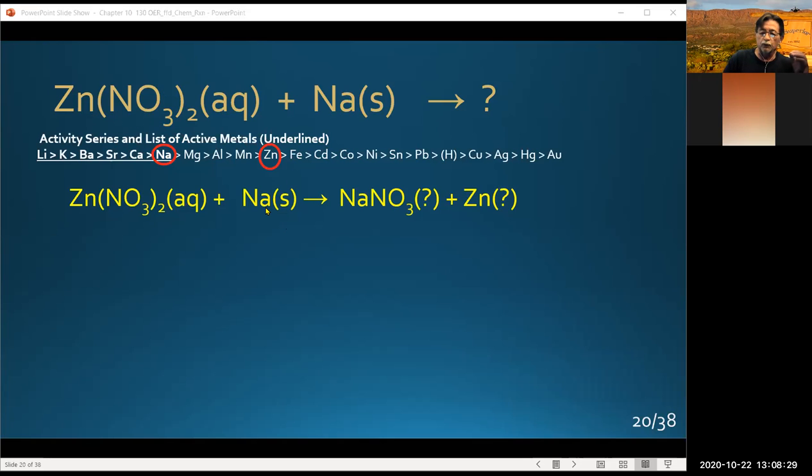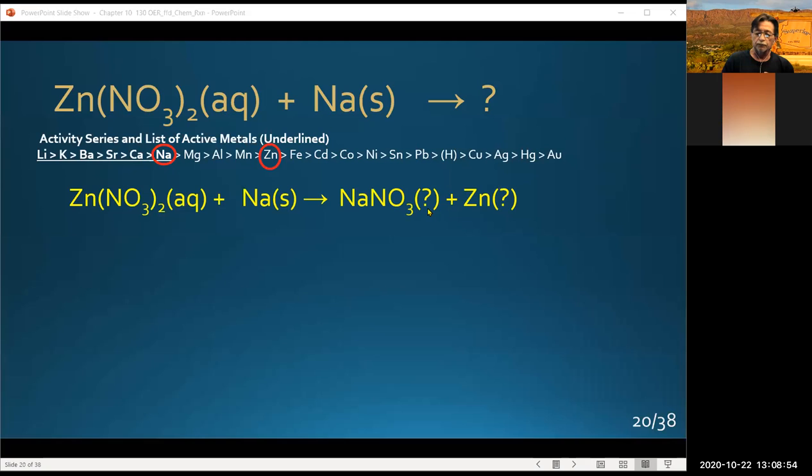But we know when sodium becomes ionic, it becomes sodium plus. So before we put them together, we write the ion sodium plus and the nitrate, NO3 -1. That being the case, we can simply put them 1 to 1, 1 nitrate per 1 sodium.